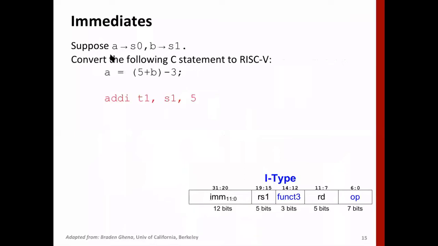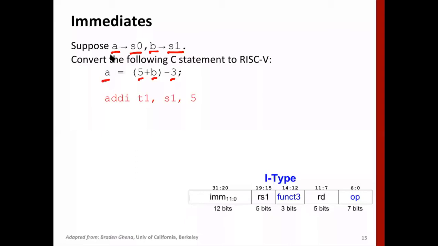So here is one example. Suppose we have two variables a and b, where a is mapped to register s0 and b is mapped to register s1. Then we have a C statement which looks like a = 5 + b - 3. Note that in this statement we have two constants and two variables a and b, which are mapped to registers.